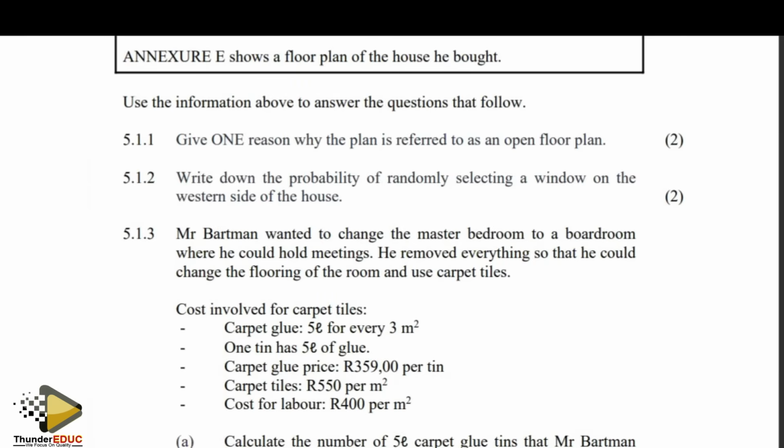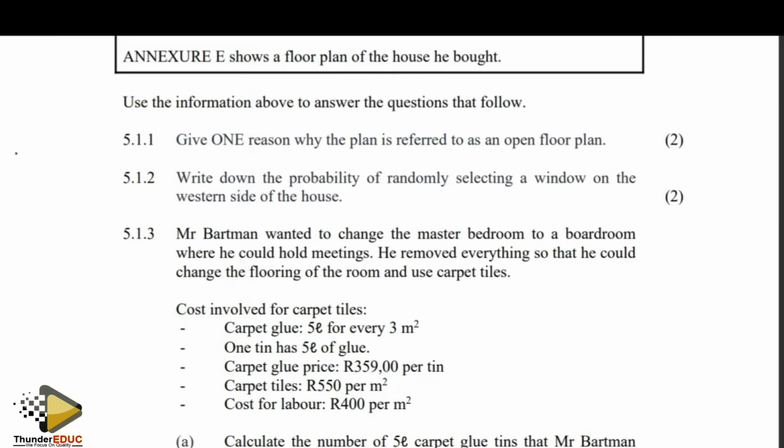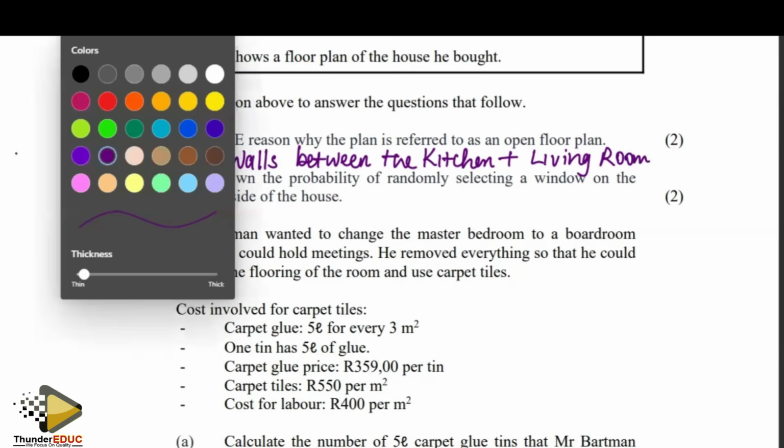The reason why for an open plan, we usually don't have walls. The reason is no walls between the kitchen and the living room. That's why you call it an open plan.